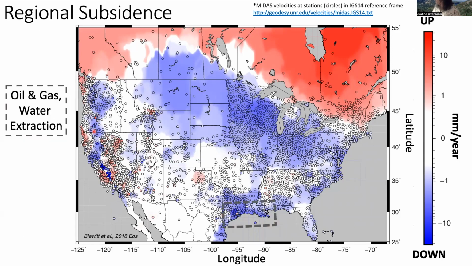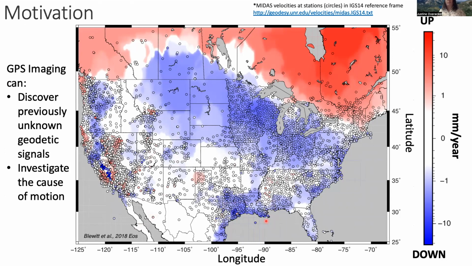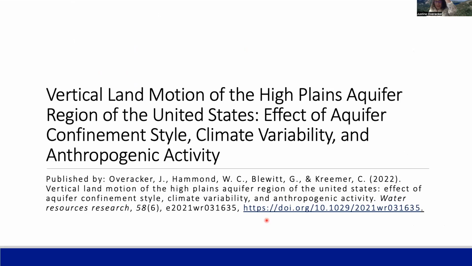It can also show regional subsidence, such as that in the Gulf of Mexico, which is from aquifer depletion and oil and gas production, as well as aquifer depletion signals in the Great Valley of California. But the power of GPS imaging is that it can be used to discover previously unknown signals and investigate the cause of motion.